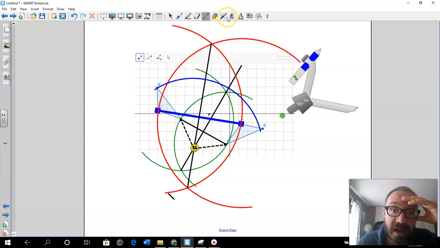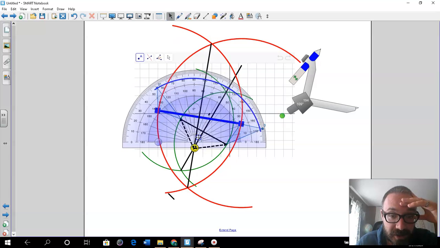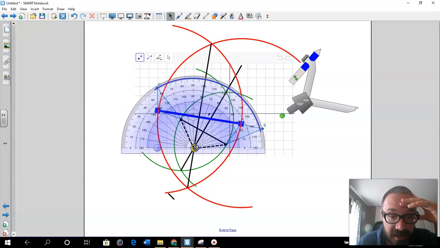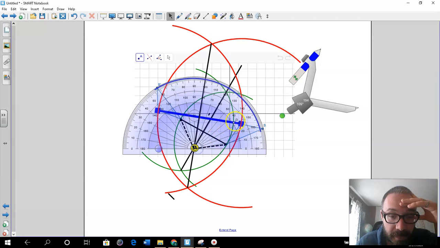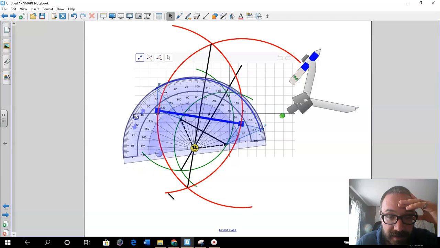Now get your protractor, and then we bring that down to here. Here's A. So A is at 0 degrees. That's the pre-image.